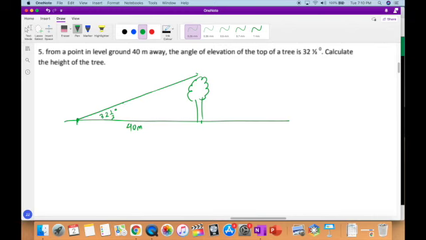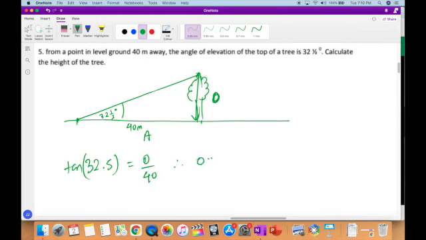So we can see here that this is the adjacent, and we want to find this height here. So this is the opposite, and this is the opposite we want to find. So we're going to use tan, opposite over adjacent. So the tan of 32.5 is opposite over 40, which is the adjacent.